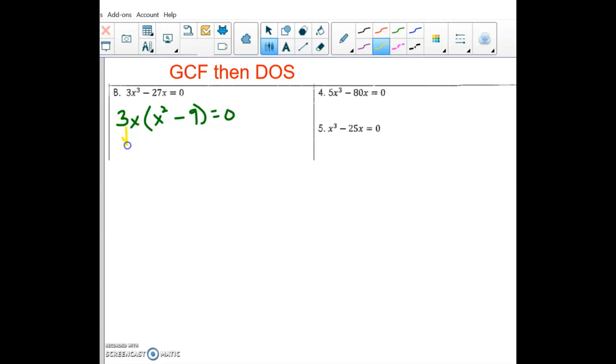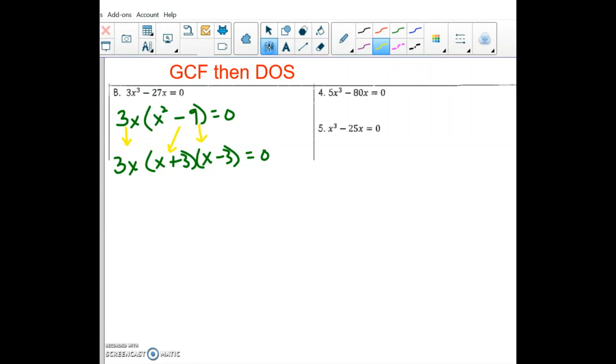So the factors, 3x and x squared minus 9. Okay, so we have 3x and then x plus 3, x minus 3 equals 0. So really, this became 2 parentheses.